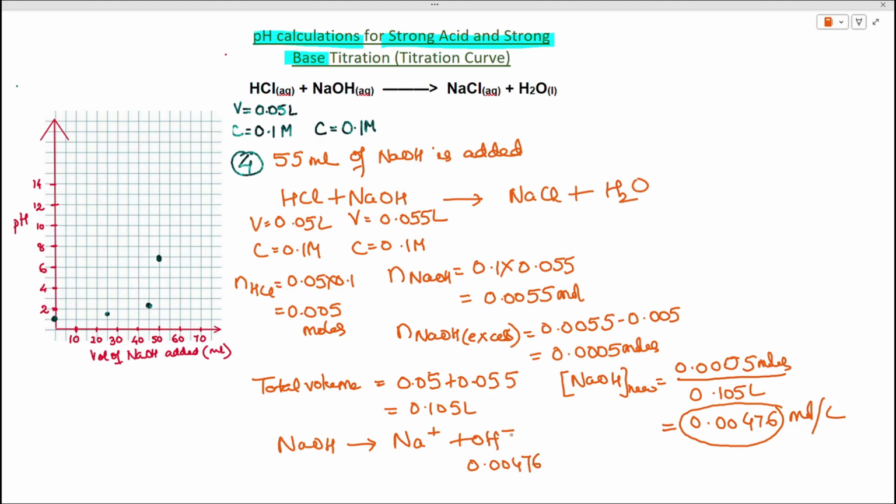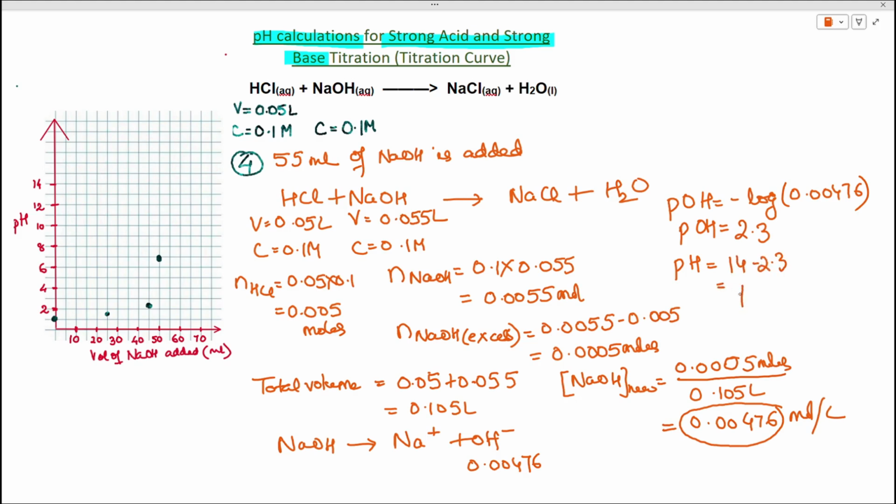0.00476. And now because we have OH negative ion, we'll be able to calculate the pOH, which is equal to negative log of hydroxide ion concentration, which is 0.00476. So this gives us the pOH as 2.3. And now to calculate the pH, we have to do 14 minus 2.3.